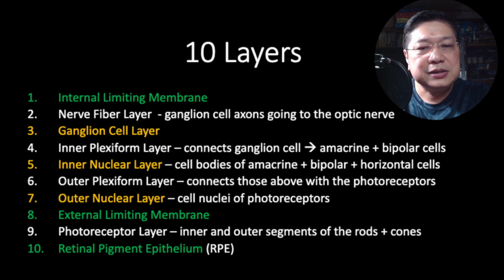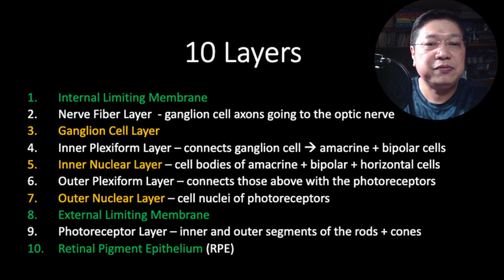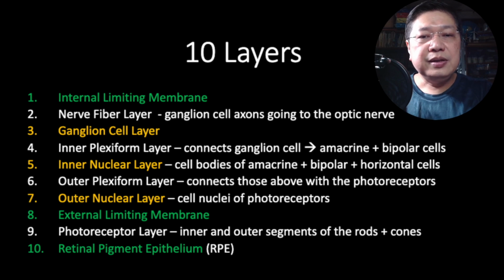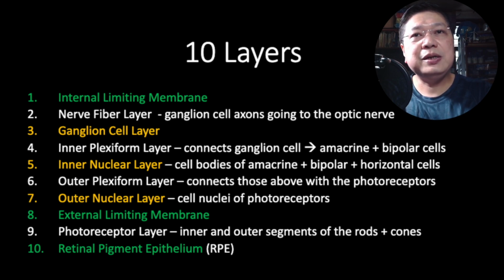The white parts are basically connectors. The nerve fiber layer of the ganglion, or the RNFL, is connecting the ganglion cell going to the optic nerve. The layer number 4, the inner plexiform layer, basically connects your ganglion with the inner nuclear layer, and the outer plexiform layer connects your inner layer with your outer nuclear layers.